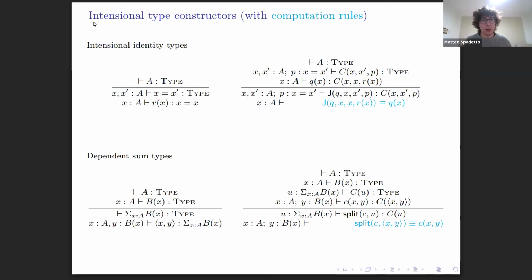In this talk, I will talk about intensional type constructors, where you have definitional equalities, where you have term equality judgments as beta rules for your elimination principles, as J and split for identity types and dependent sum types.